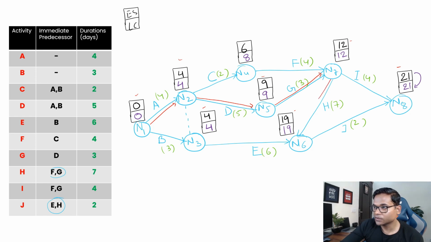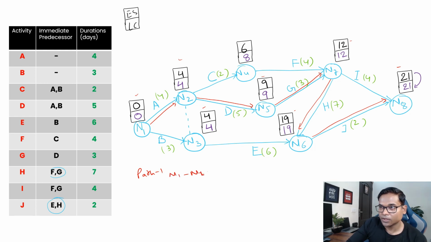So let's first go here and then go there. So this is our first path. If you see, path 1 is basically node 1 to node 2, to node 5, to node 7, to node 6, to node 8.